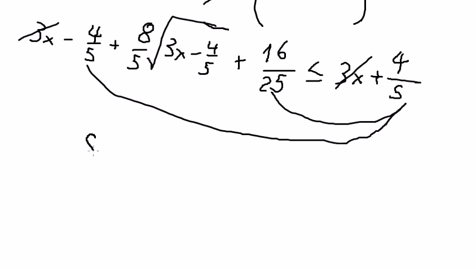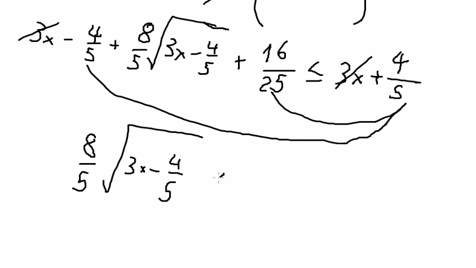So you get 8/5 multiplied by the square root of (3x - 4)/5 is smaller than or equal to 24/25.